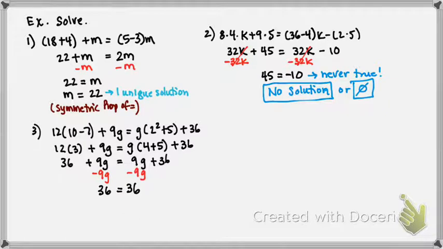And guess what? That's always true. So because it's always true, we can say it's an identity. We could say it's all real numbers.